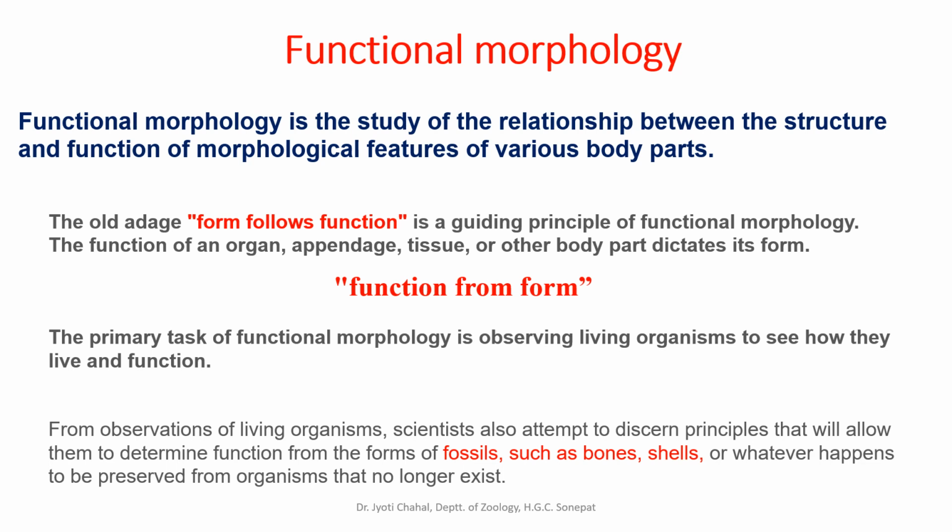That means that when scientists study the functional morphology of living organisms, it will also help to determine the functions of specific features present in fossils, in organisms which are now extinct and which we now observe as fossils.